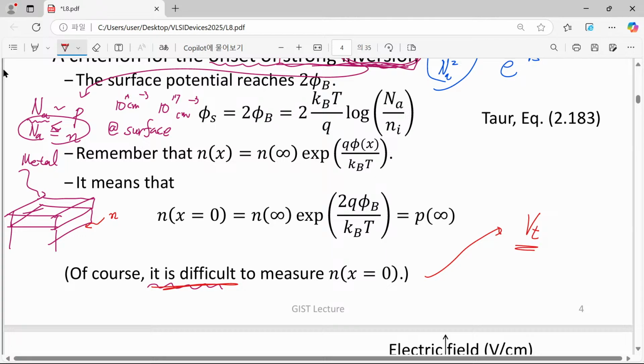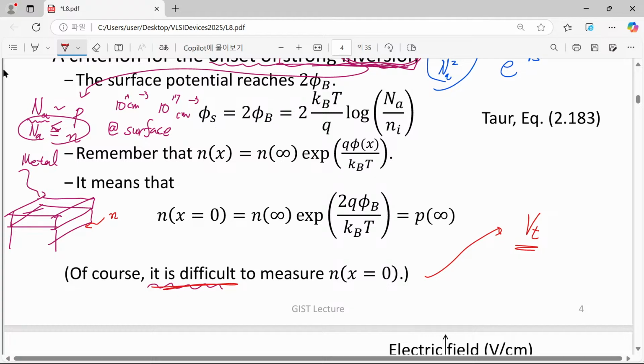So please don't be confused between this theoretical value and the measurable values. Sometimes people say, oh, the threshold voltage of this device is, for example, 0.2 volt, 0.3 volt. But you have to ask them once again, what is the definition of your threshold voltage?